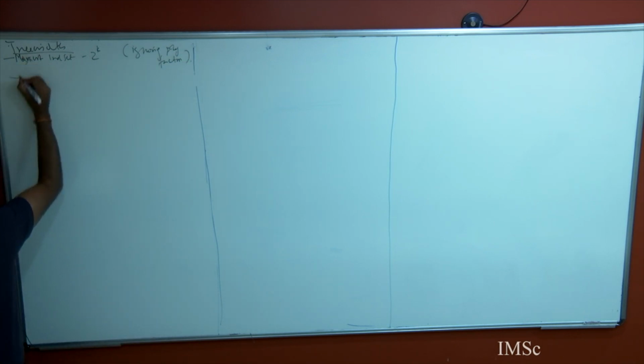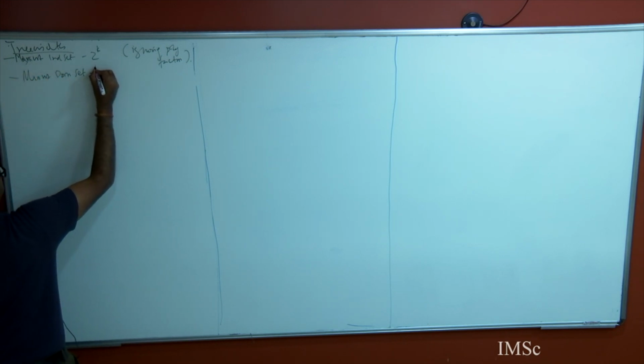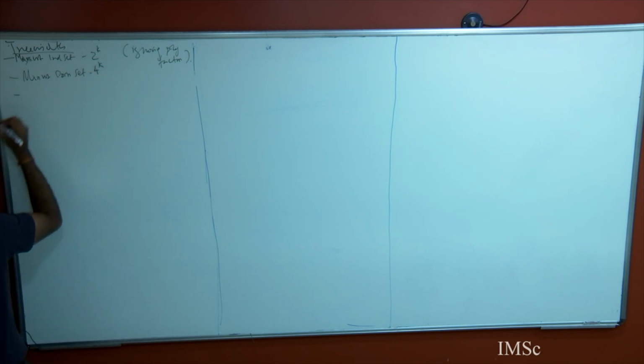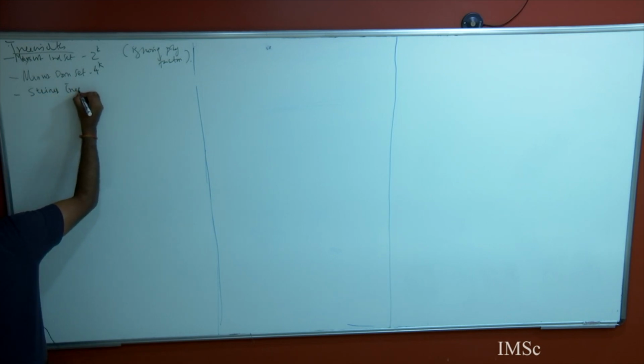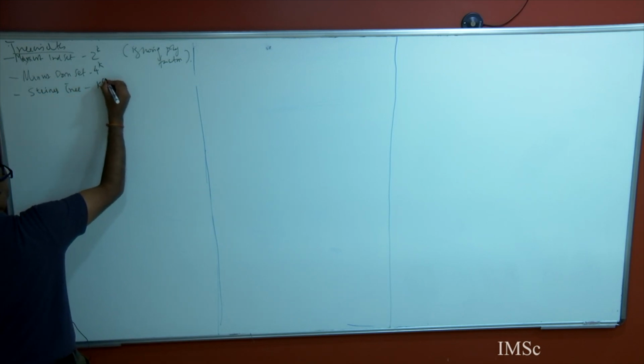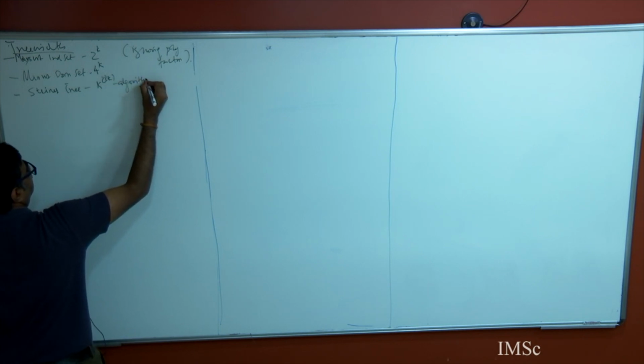For min weight dominating set, a 4 power k algorithm. And for Steiner tree, we gave a big O of k algorithm.